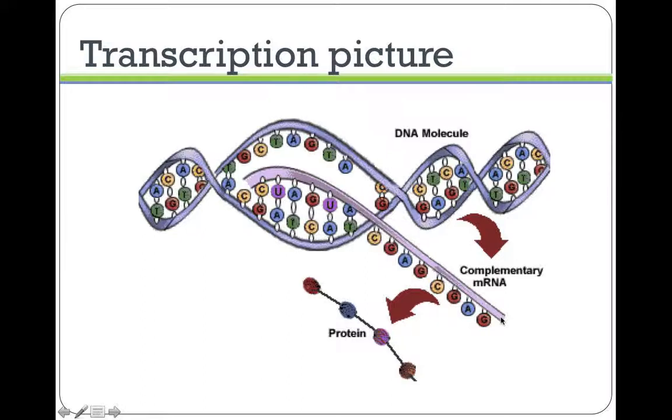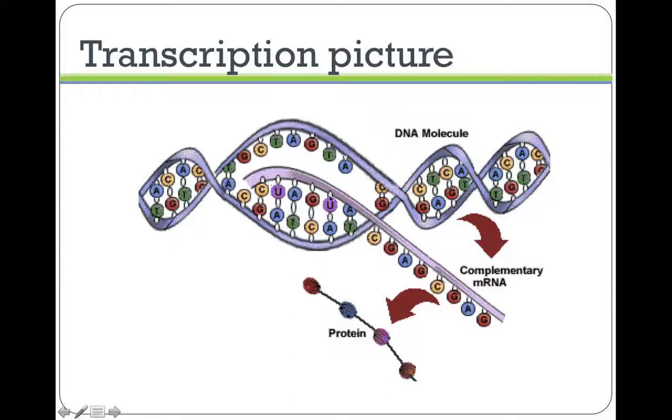So here's a picture of transcription that I hope will help you visualize it a little bit. This is that bubble I was talking about, where DNA partially pulls open. What happens then is the enzyme RNA polymerase, which, if it's not written on your notes, don't worry about it, will come in and help build this RNA strand.